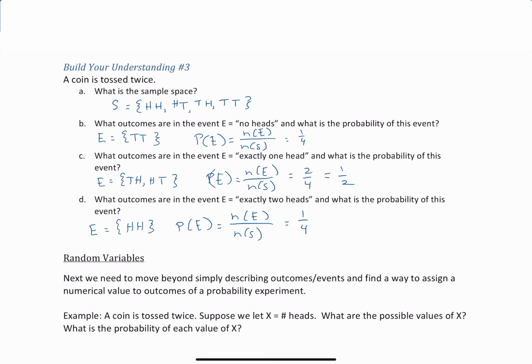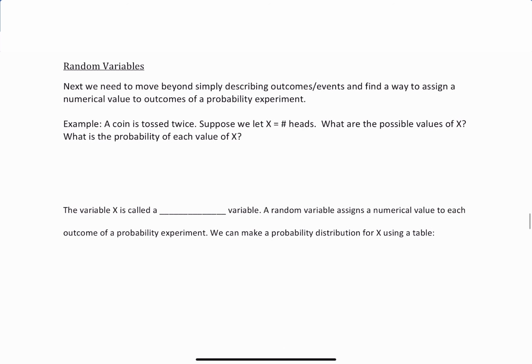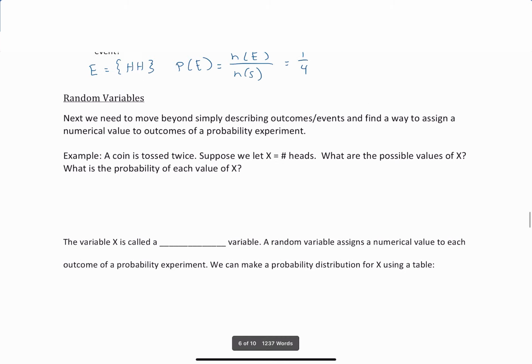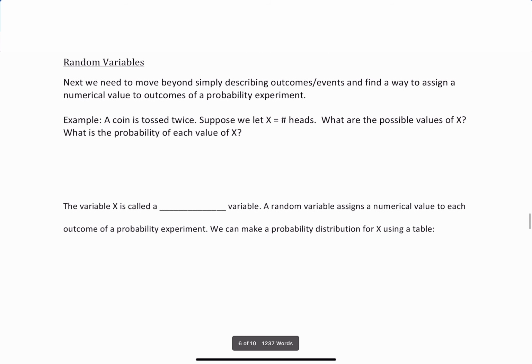Okay, now we need to talk about random variables. And what's going on here is we need to move beyond simply describing outcomes and events. In other words, by saying things like heads, heads, heads, tails, we need to find a way to assign a numerical value to the outcomes of a probability experiment. So, for example, let's keep thinking about tossing a coin twice, and let's let X be the number of heads.